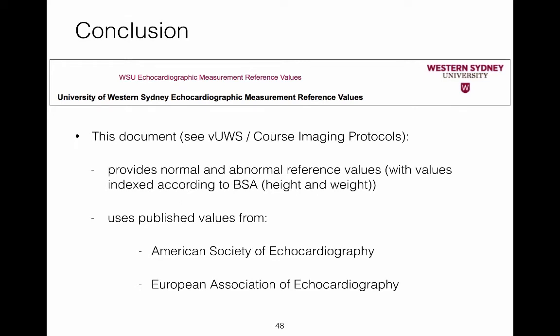Normal and abnormal reference values for the measurements described in this lecture can be found in the Western Sydney University Echocardiographic Measurements Reference Values document. It's available via Vula. This document uses published values from the American Society of Echocardiography and the European Association of Echocardiography.